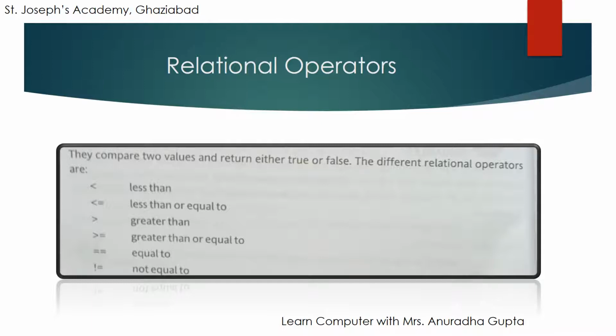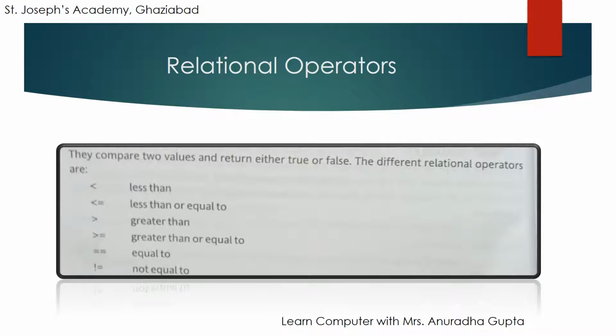Let's take an example here. 7 greater than equal to 10. Here it will give false because 7 is neither greater than nor equal to 10. So it returns false.